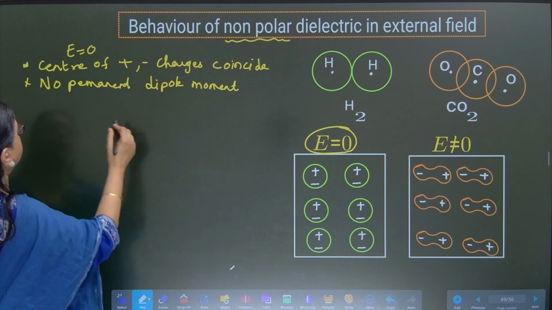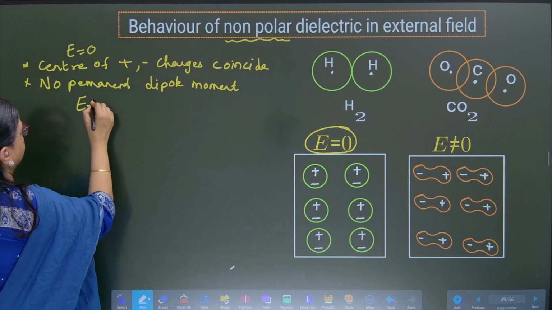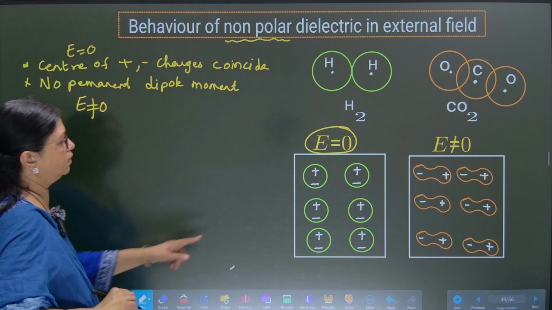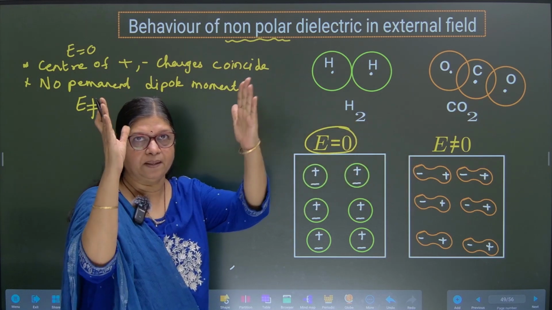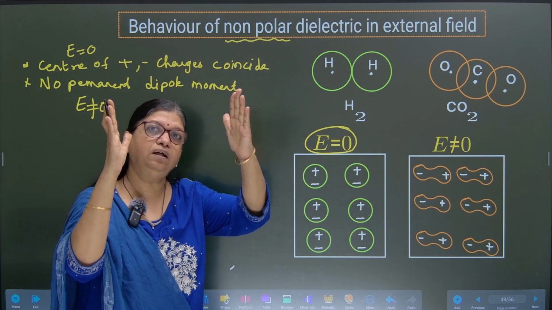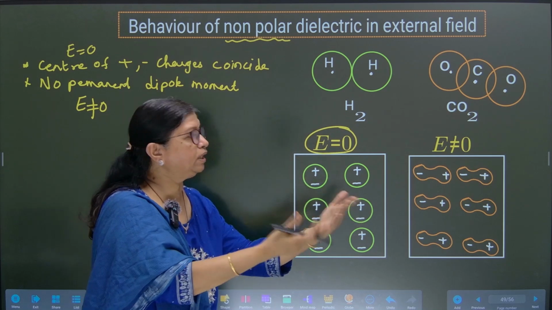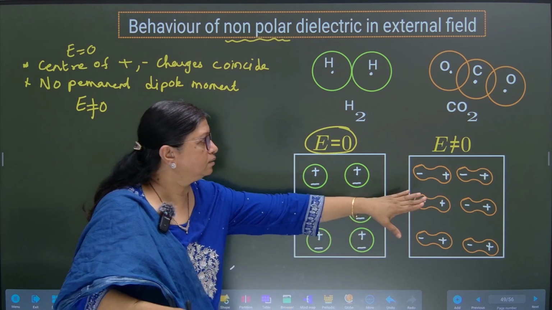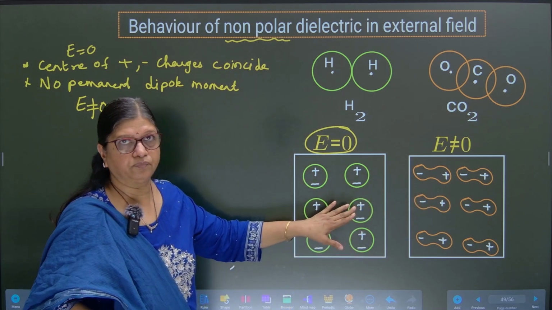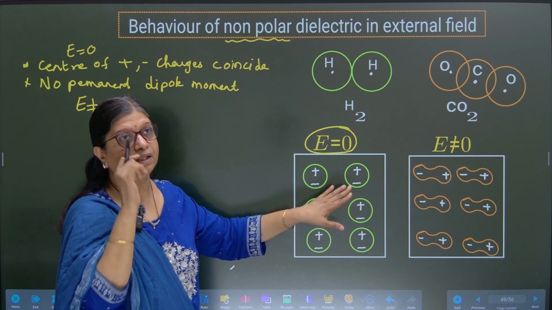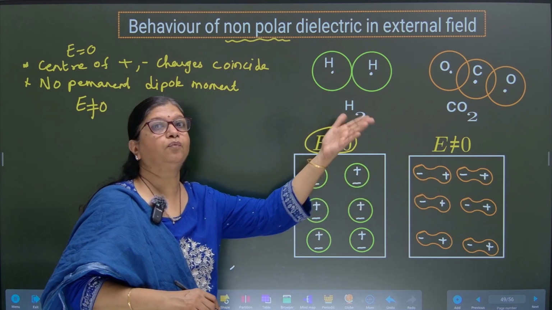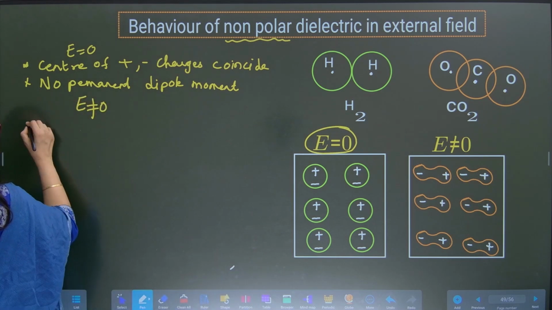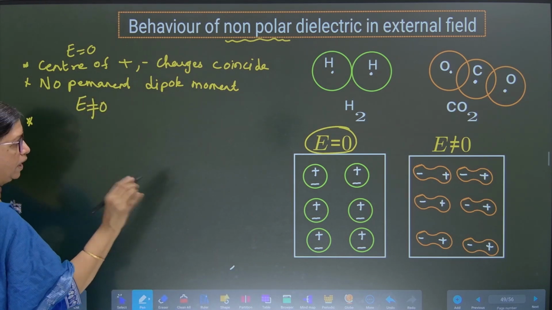Now, let me place this non-polar dielectric in the external electric field between the two plates of the capacitor. As soon as I place this non-polar dielectric in the presence of electric field, what will happen? First, let us see what will happen.